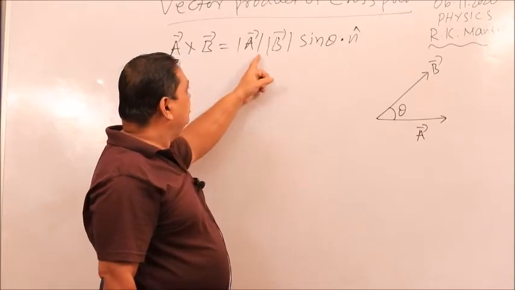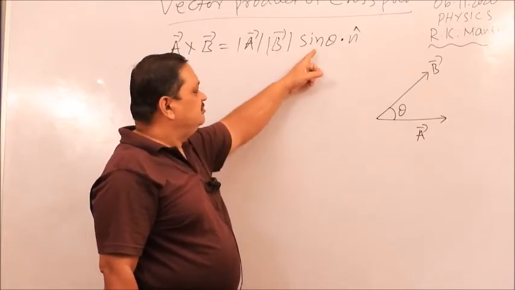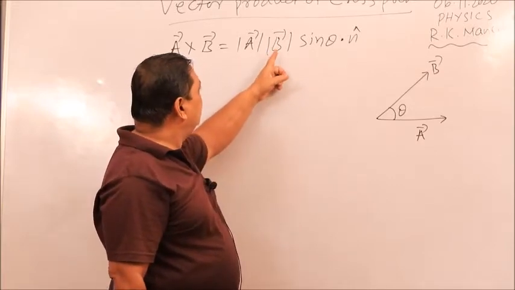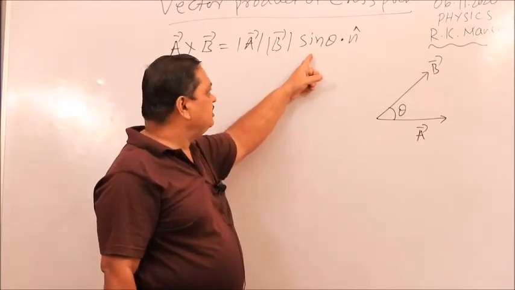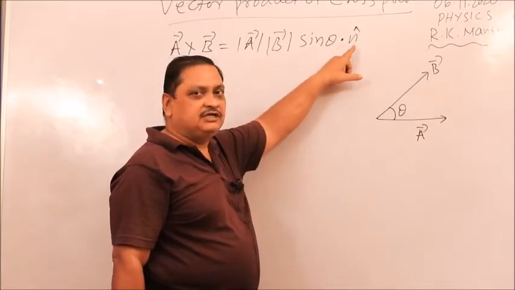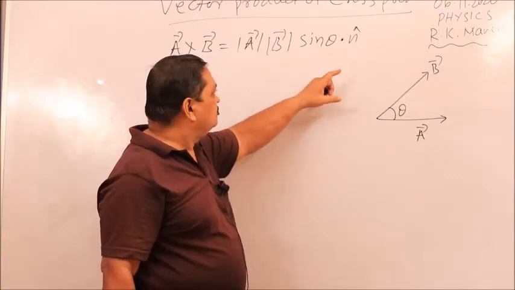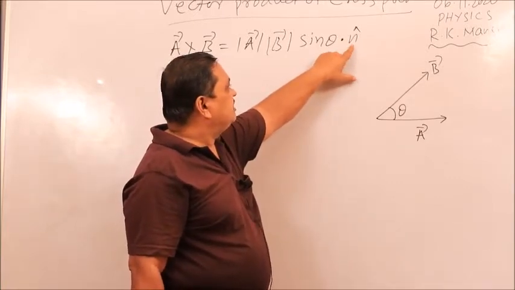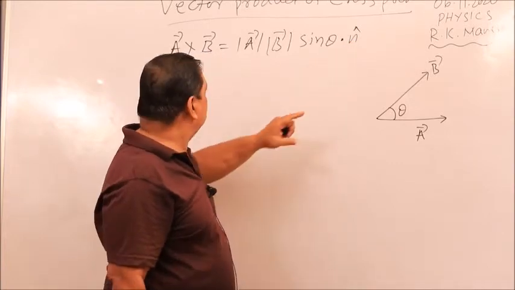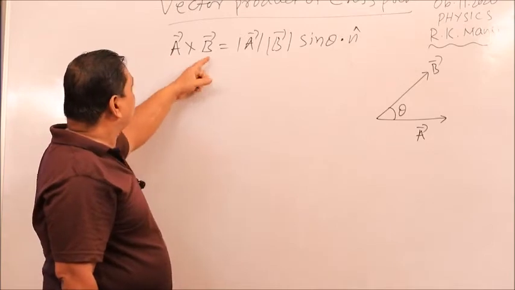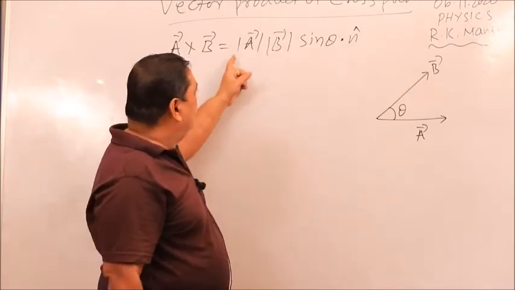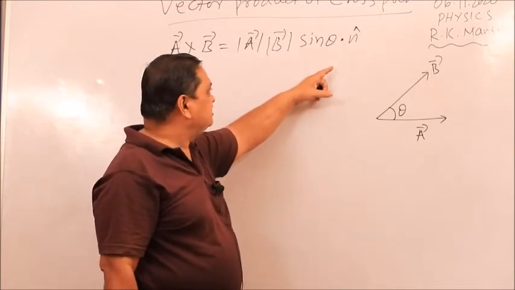Modulus A is a scalar quantity, modulus B is a scalar quantity, and the value of sine is also a scalar quantity. When you multiply scalar into scalar into a vector quantity, you get a new vector. So the symbol taken is n cap, and its role is very important, because in the cross product you get a new vector that has both magnitude as well as direction.